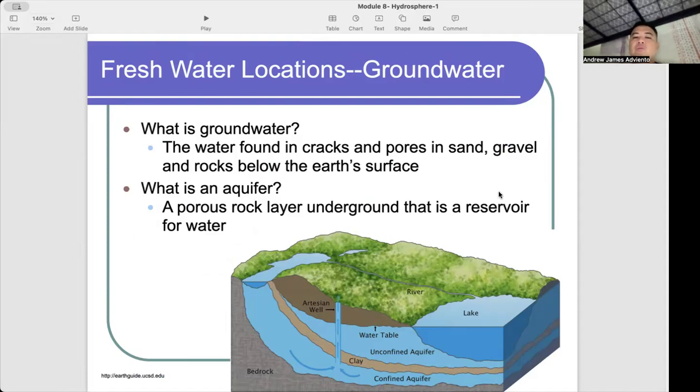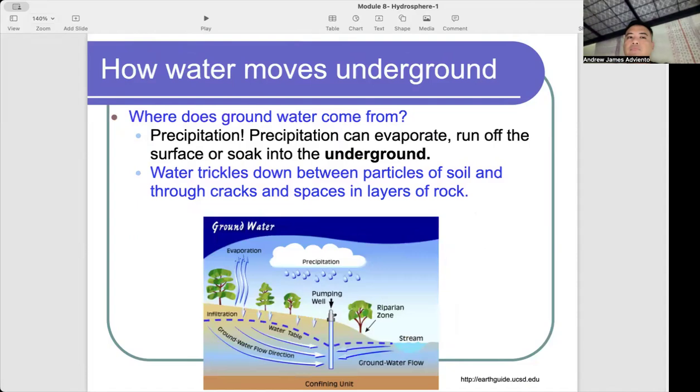So in here we also have the groundwater, and this is what we pump to drink. What is an aquifer? An aquifer is a porous rock layer underground that is a reservoir for water. Okay, so let's go now to how water moves underground and in line with the water cycle.